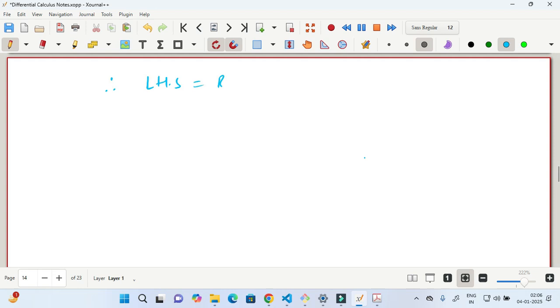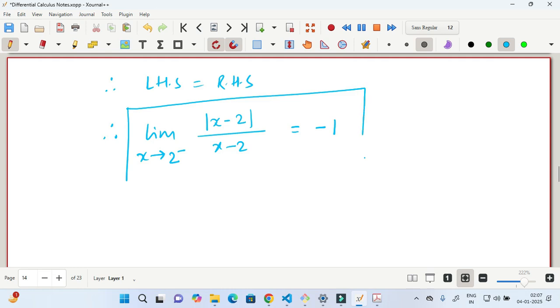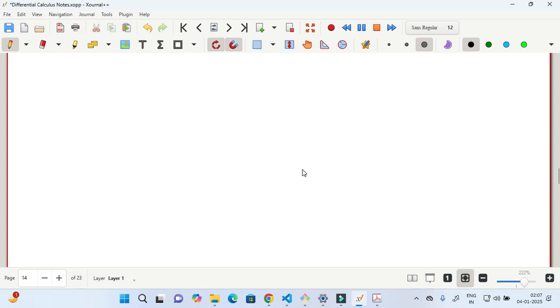Therefore limit x tends to 2 minus of mod of x minus 2 by x minus 2 is equal to minus 1. Hence proved. So that's it in this problem. We have proved it. We'll move to the other problem.